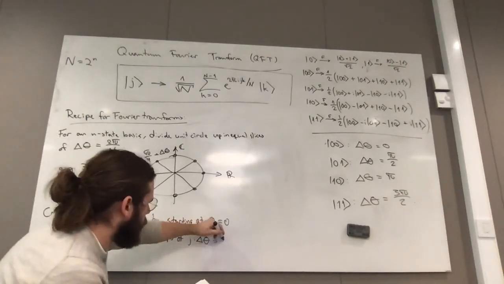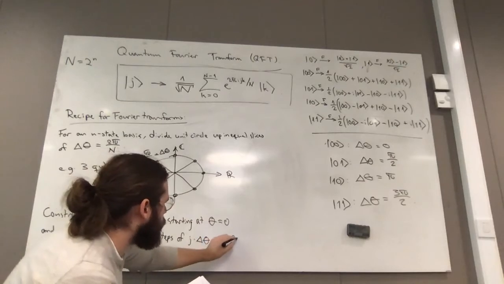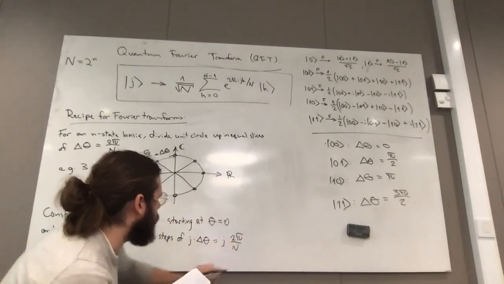So this would be J times 2 pi over capital M.